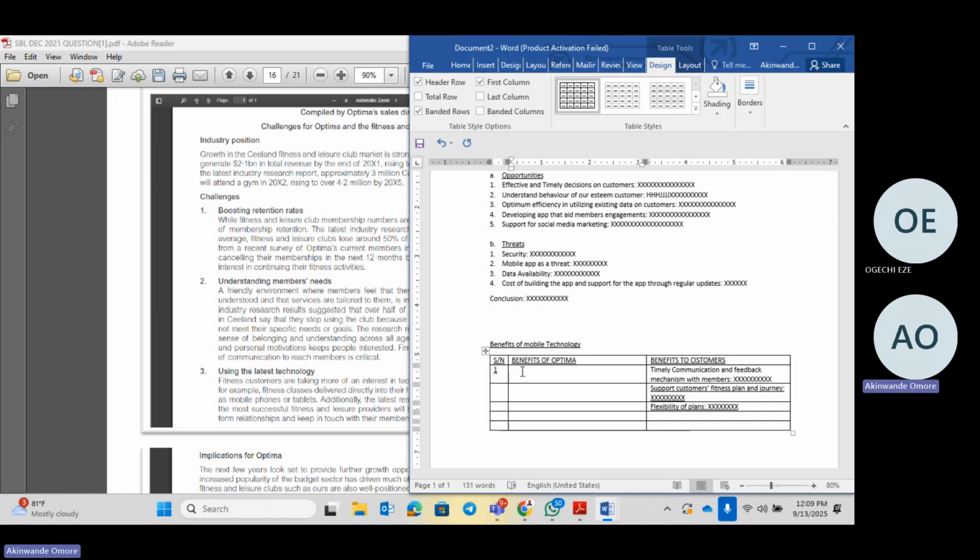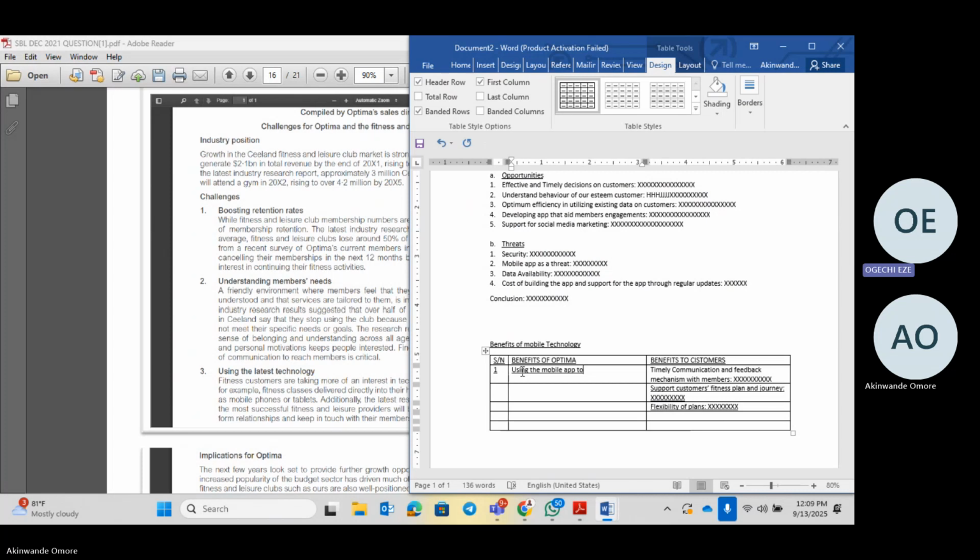How do we boost it? By retaining more customers using the mobile app, because we are talking about the app.